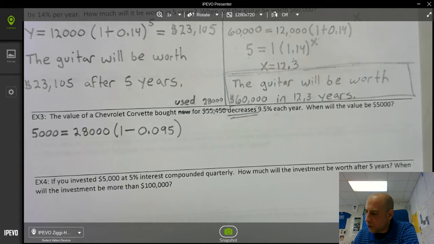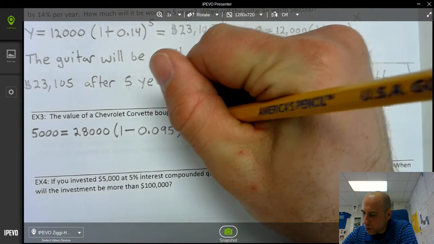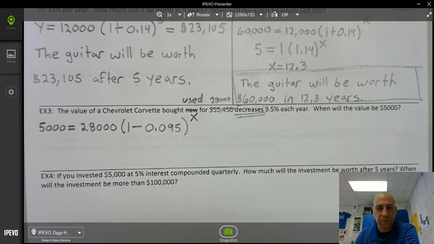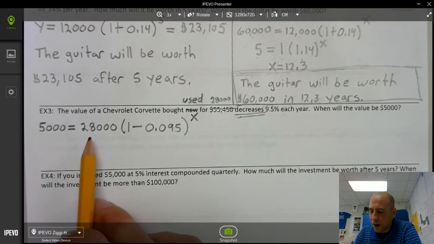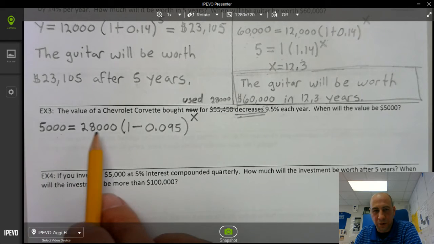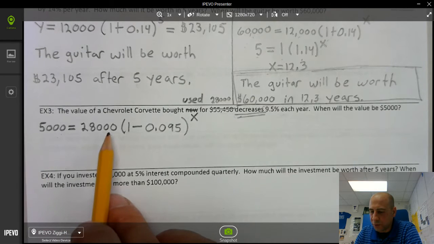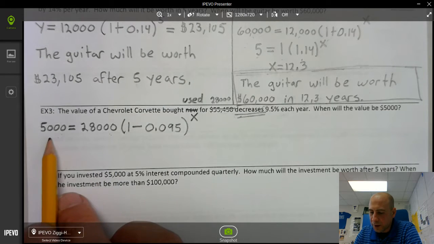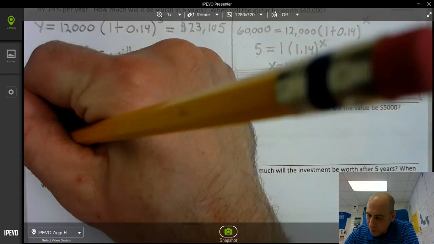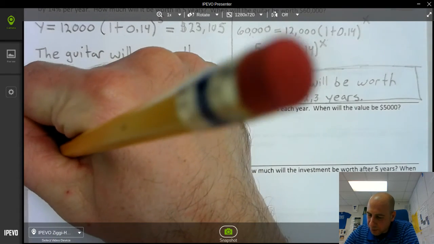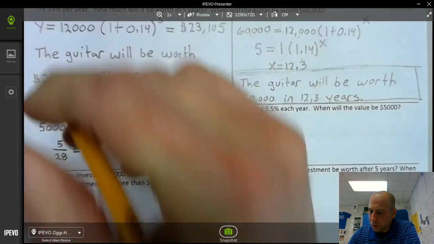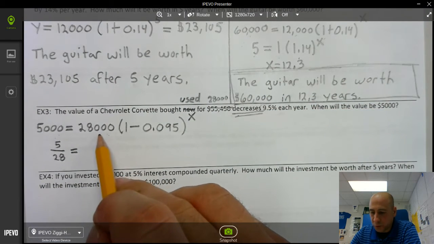And we don't know at what year the car will be worth 5,000. Okay, so again, at this point, I haven't taught you how to algebraically solve it, so we can solve it by graphing. But before we do it, let's divide both sides by 28,000. That will reduce the numbers to graph. So if you divide both sides by 28,000, you'll get 5 divided by 28 equals 28,000 divided by 28,000 is 1.